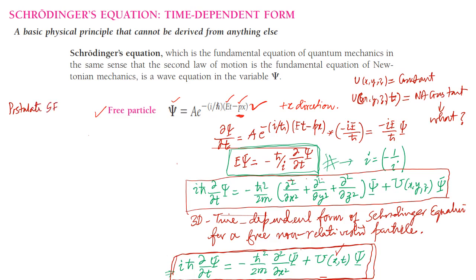Once we postulate the Schrodinger equation, that means we write the differential equation in terms of psi, and then we solve it for different situations.